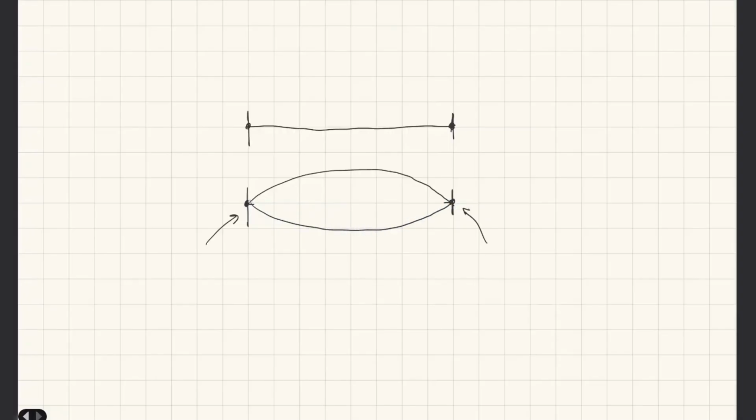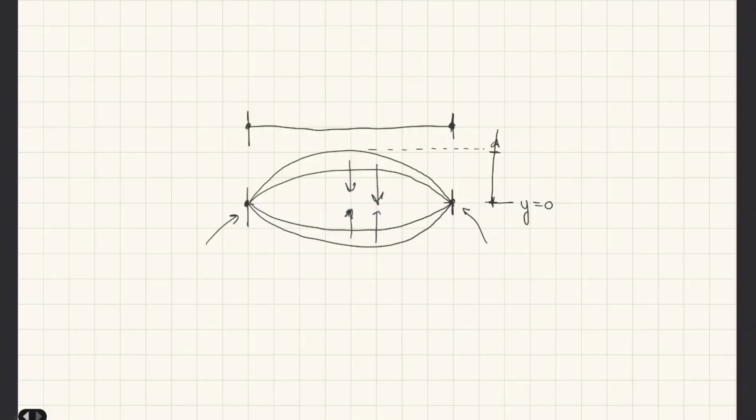And what we want to do is to describe the displacement of the string measured from the origin at the level y equals 0, right? So we want to find a differential equation that will allow us to describe the motion in the y-axis of this string. Again, this is moving up and down all the time, and the external points are always fixed.